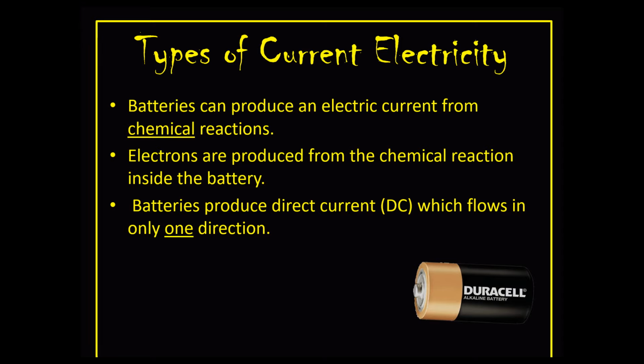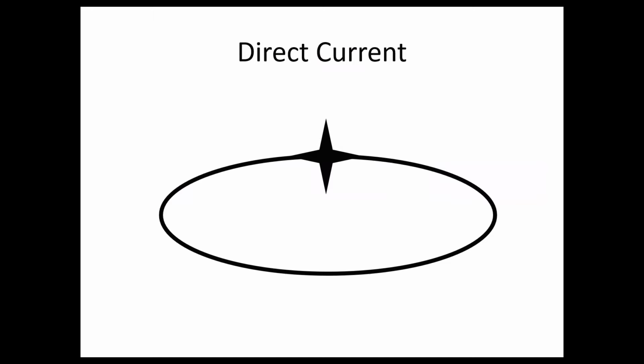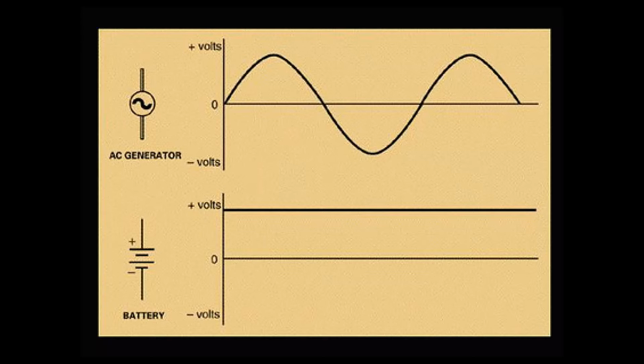In direct current, we have electricity flowing in only one direction. You can see that in this animation here. It doesn't alternate, it just flows in one continuous current. If we were going to graph what alternating current looks like versus direct current, in the top graph we have a transverse wave. It changes.